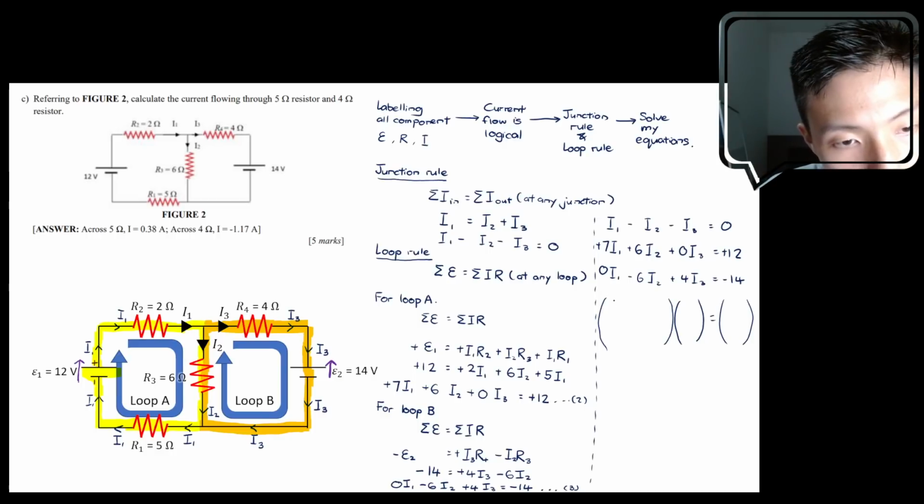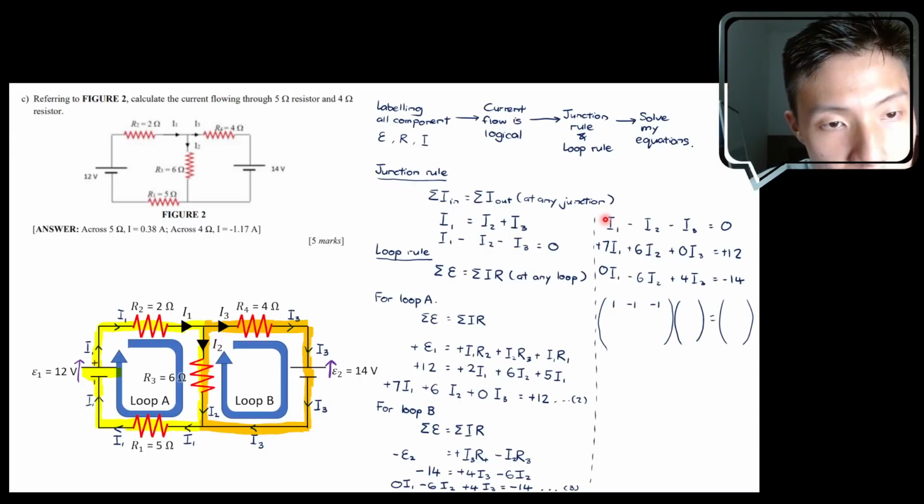So this will be 1, -1, -1. Then where do I get my numbers? 1, -1, -1. 7, 6, 0. Continue, 0, -6, 4.